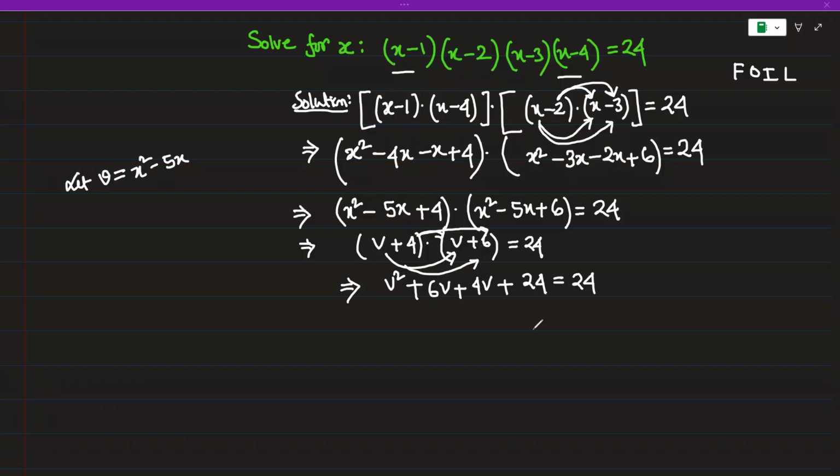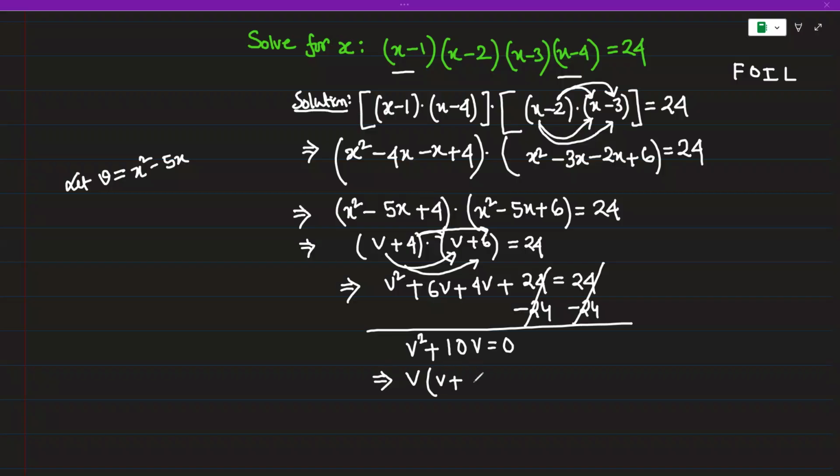Now, if you add negative 24 to both sides, 24 minus 24 becomes 0, and this one also becomes 0. Now, if you add the like terms, we get v squared plus 10v equals 0. Now we take common v. So we can write v(v + 10) = 0.